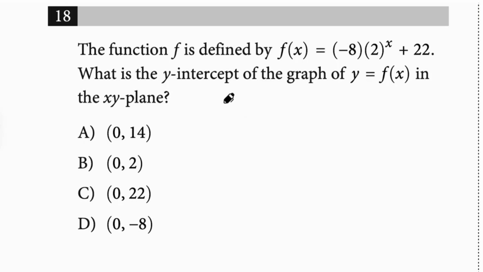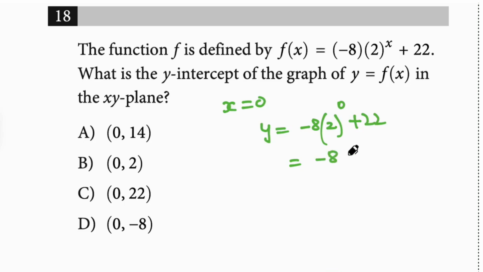So the y-intercept is when x is equal to 0. Let's plug in 0. So f(x) is y: negative 8 times 2 to the power 0, plus 22. Now any number raised to power 0 is 1. So negative 8 plus 22, and if you subtract, it's 14. y is equal to 14. Now you know why this question is given.